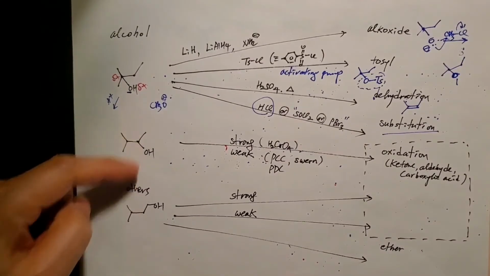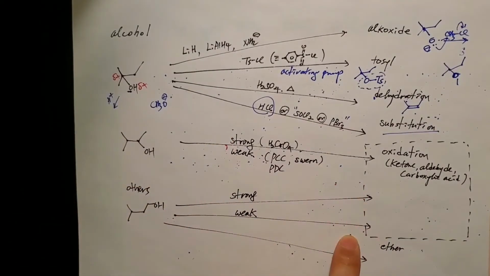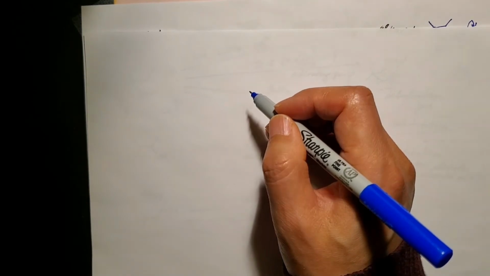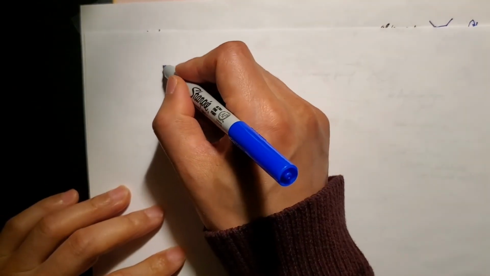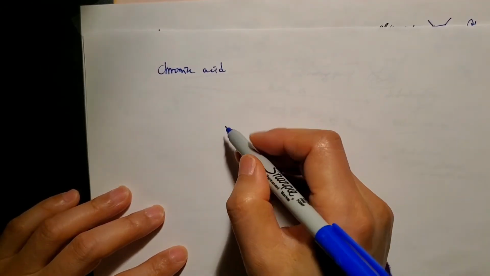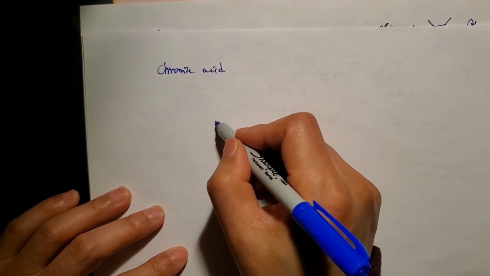So that's what we are talking about. Strong and weak, the difference is because of the degree of the alcohol. The chromic acids are given in different forms. The strong chromic acid, not PCC, PDC, the weak ones, they can give you this reagent in a variety of forms.